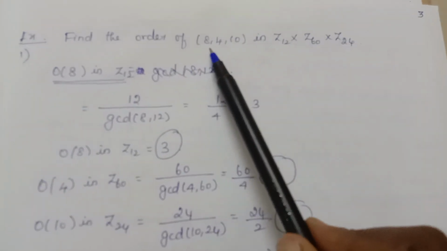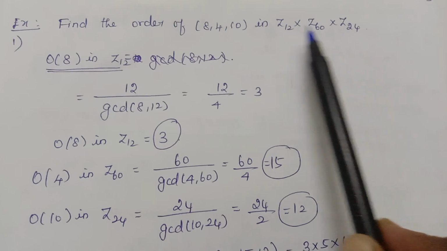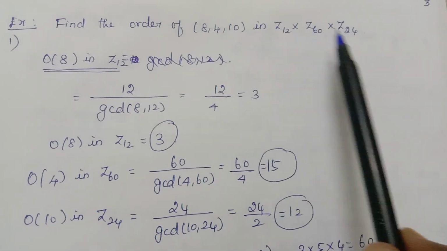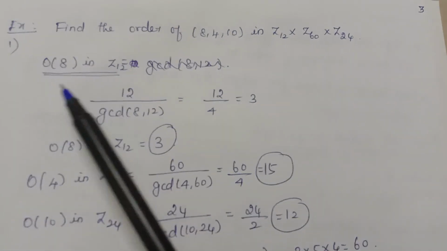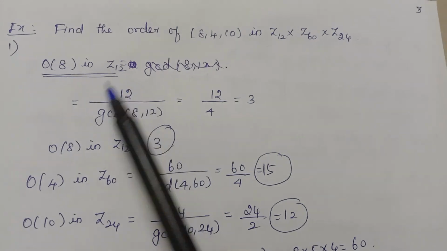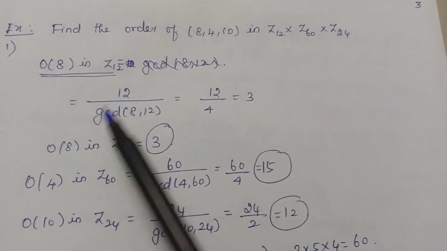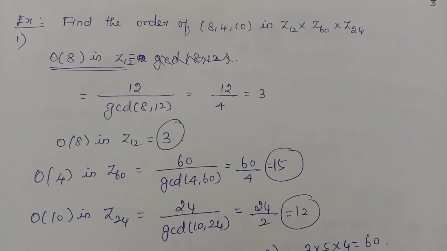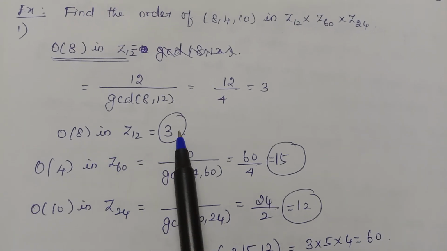Find the order of (8, 4, 10) in Z12 cross Z60 cross Z24. 8 is an element of Z12, 4 is an element of Z60, and 10 is an element of Z24. First, let us find these orders. The order of 8 in Z12 is 12 by GCD of 8, 12. GCD of 8, 12 is 4, so 12 by 4 equals 3.